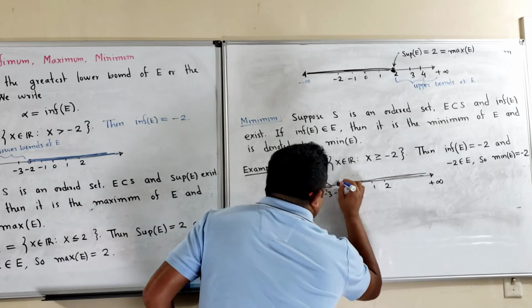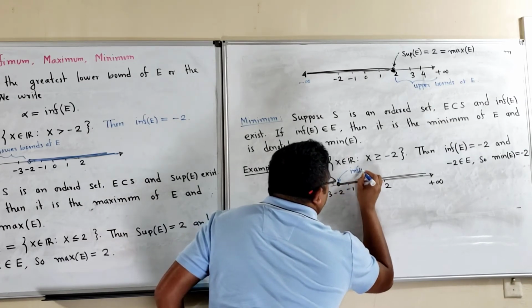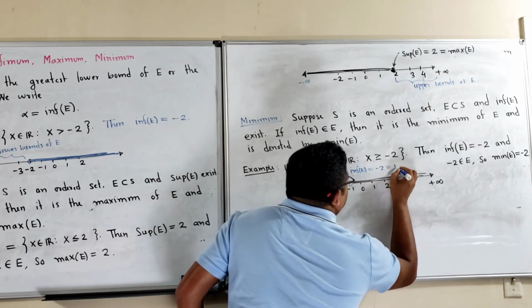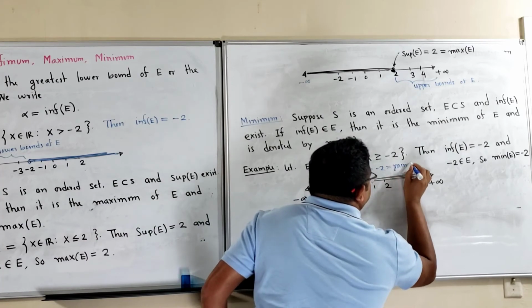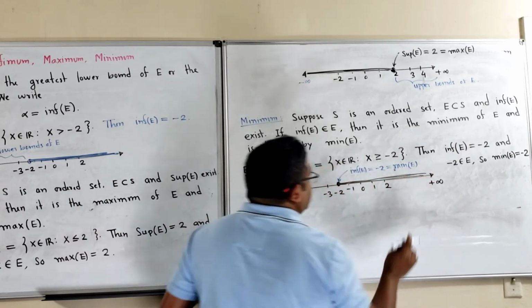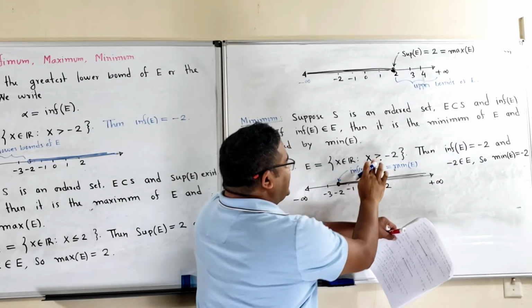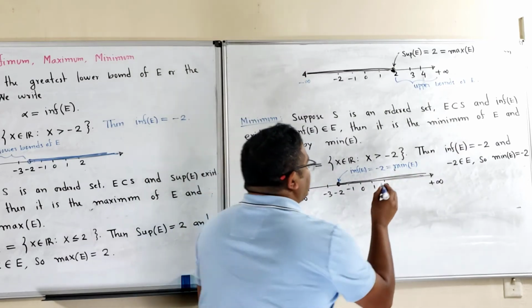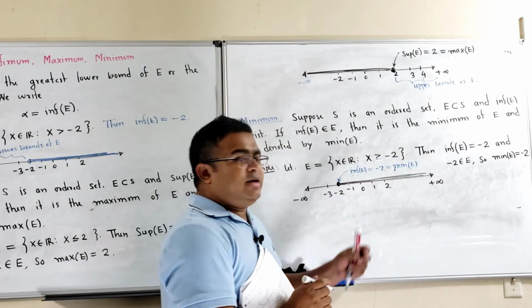This -2 is the infimum as well as the minimum. But if there is no equal sign here, then there would be no minimum. Since there is an equal sign here, its minimum is -2.